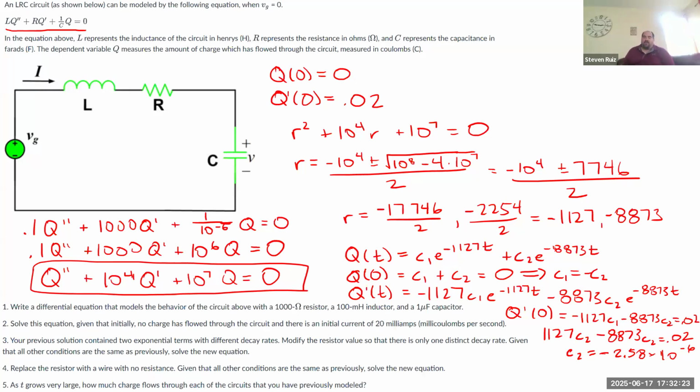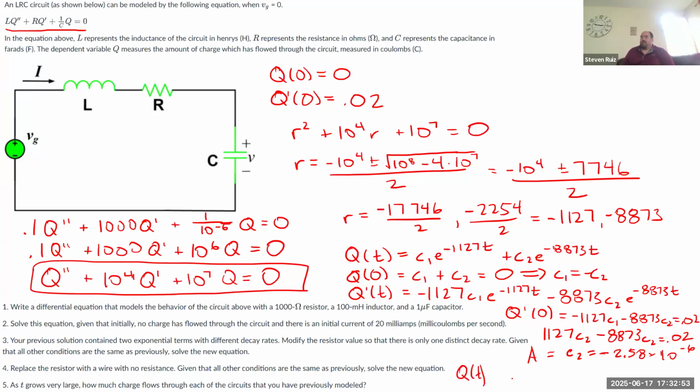So that should allow me to write down my full equation now. So Q of T is equal to, actually, in the interest of space, here's what I'll do. This C2 that I found, let's just call this thing A. And that way I can condense some things.